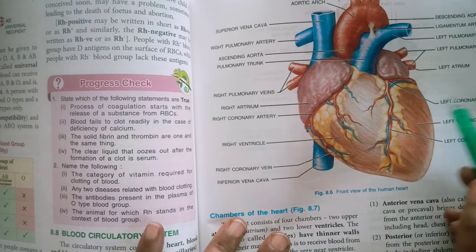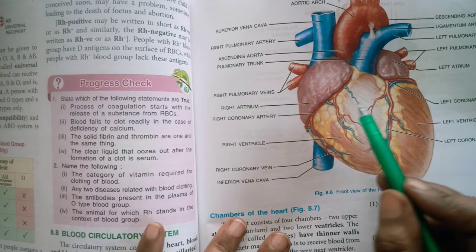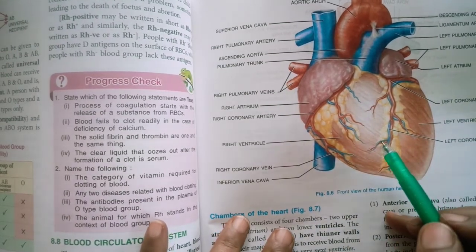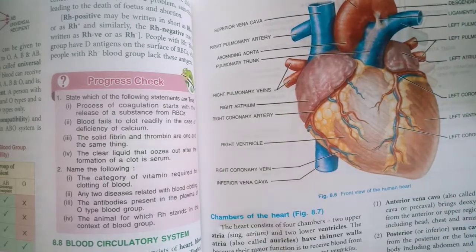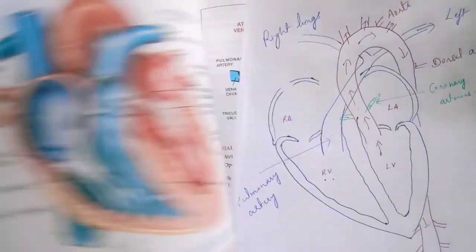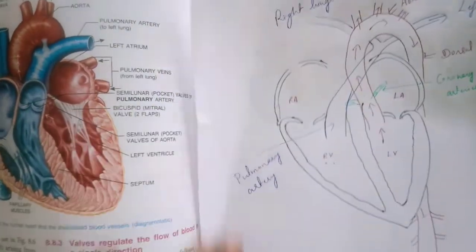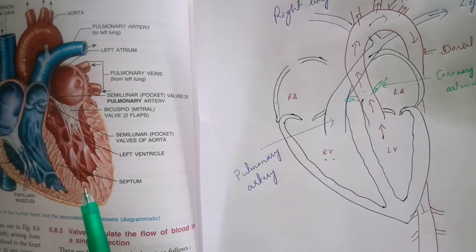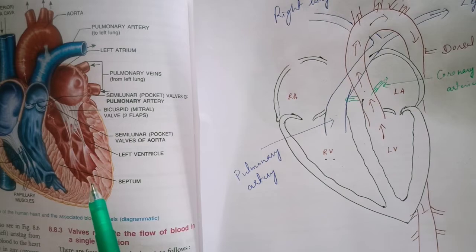So it supplies oxygenated blood to the muscles of the heart, and any blockage in the coronary artery will hamper the functioning of the heart muscles.